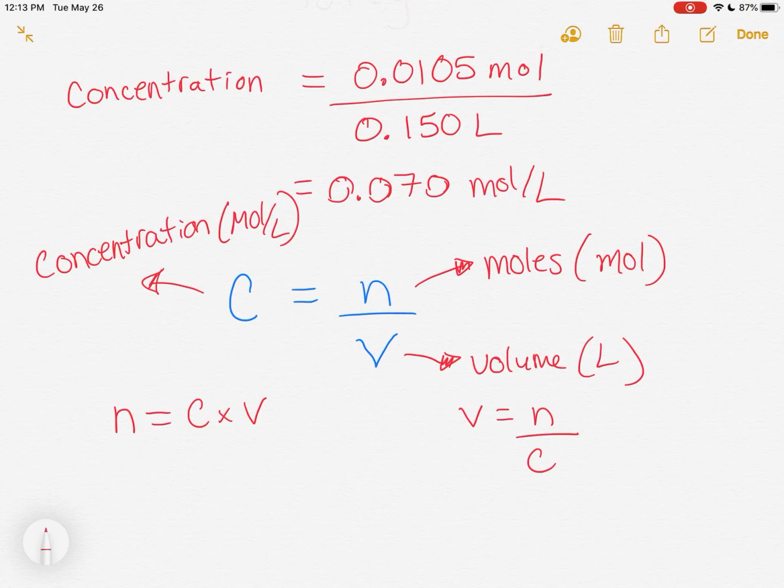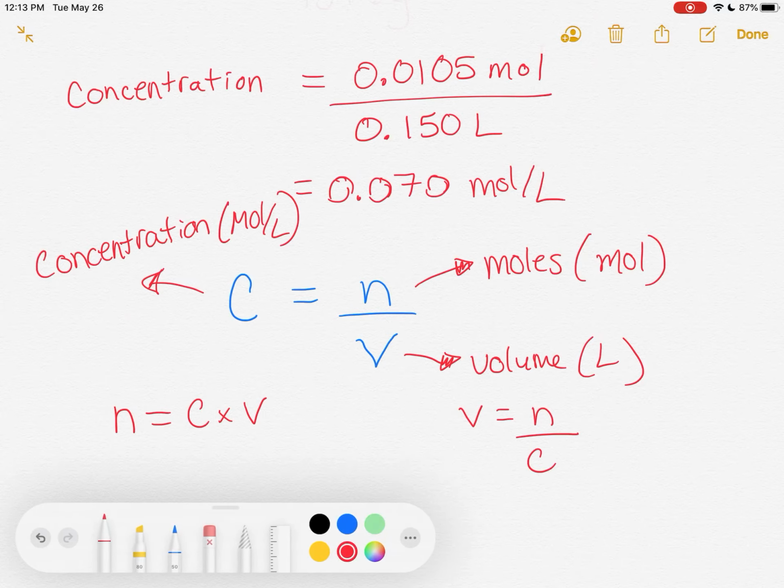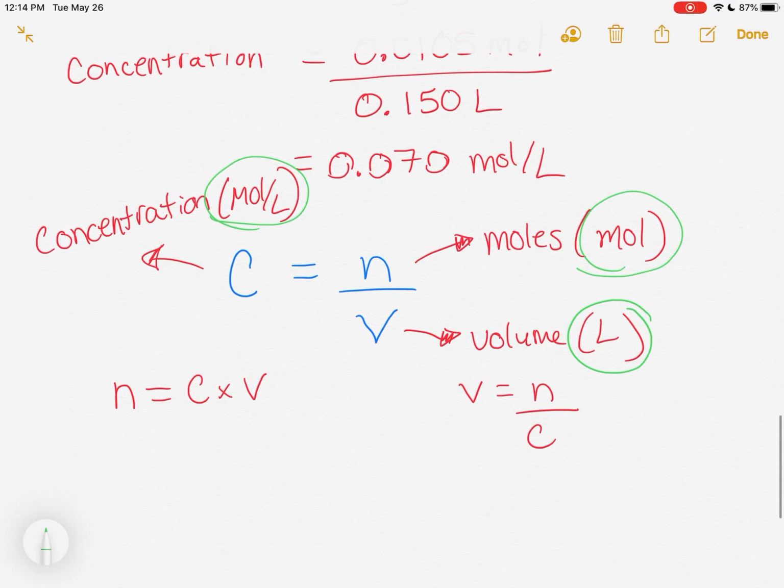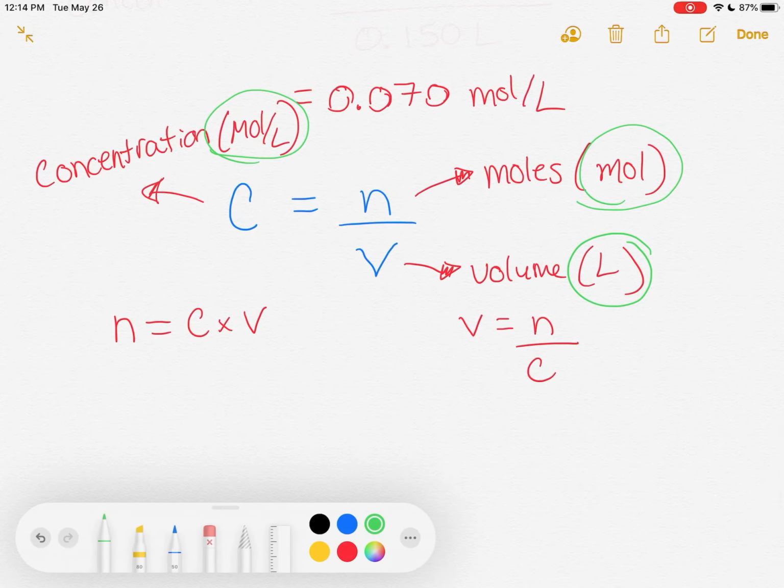So if we're trying to find concentration, we do moles over volume. If we're trying to find moles, we can do concentration times volume. If we're trying to find volume, we do moles divided by concentration. Now again, do not forget, make sure everything is in the correct units. Moles for moles, right? Liters for volume, mole per liter for concentration.